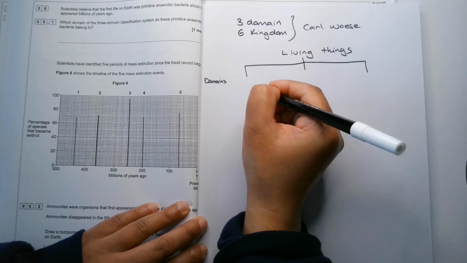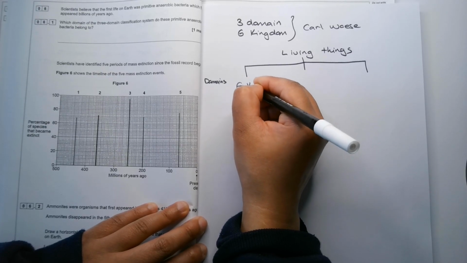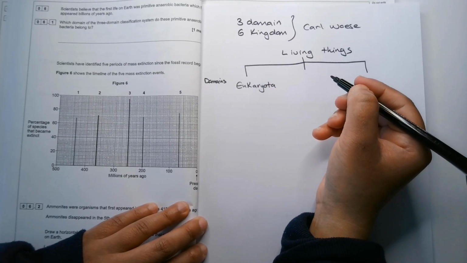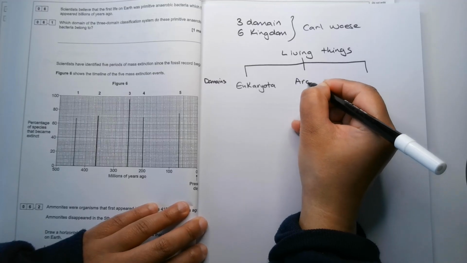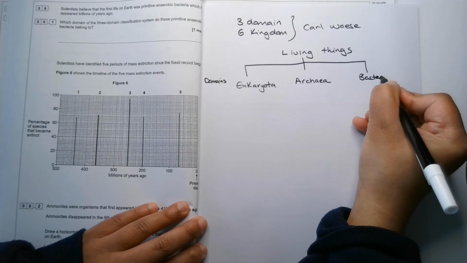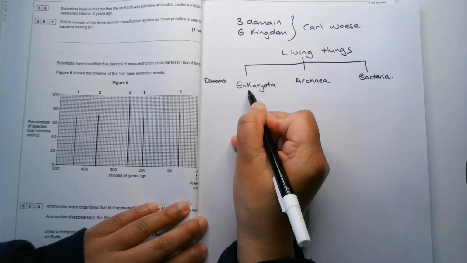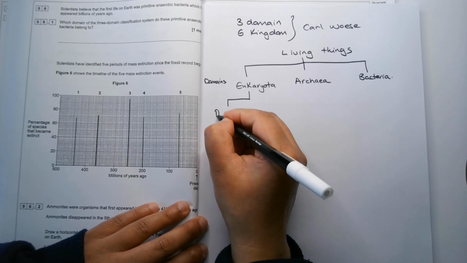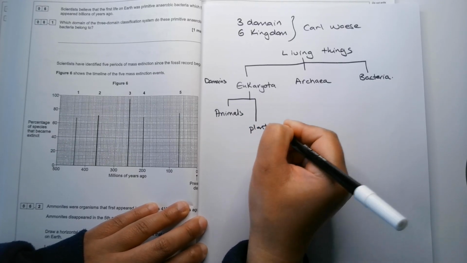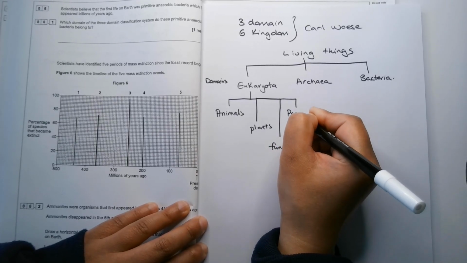So he said you have got the eukaryota, basically organisms that are made up of eukaryotic cells. He came up with archaea and then bacteria. The 3 domains. I'll come back to these two in a minute. Eukaryota are your animals, your plants, your fungi, and your protists.